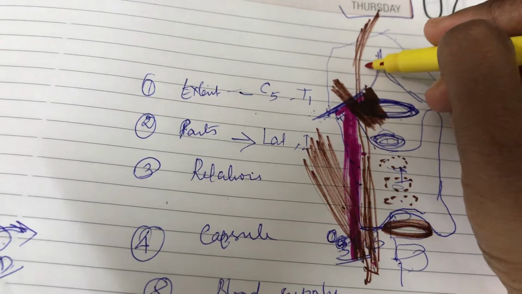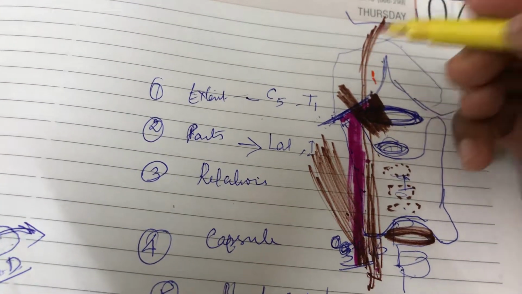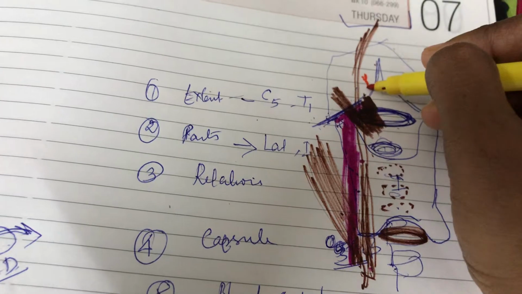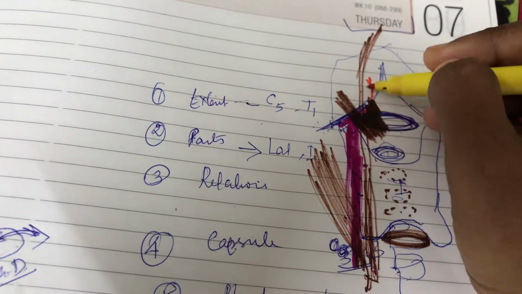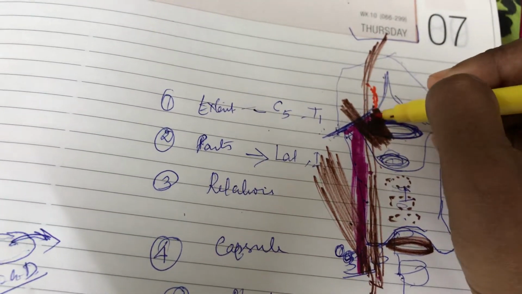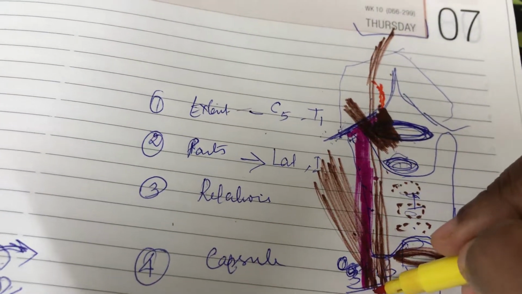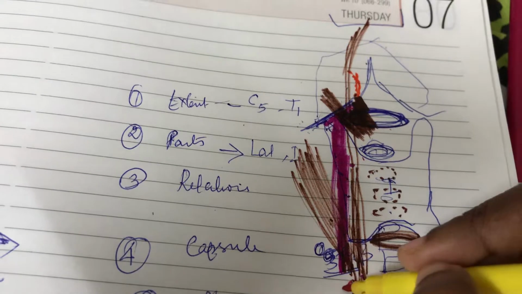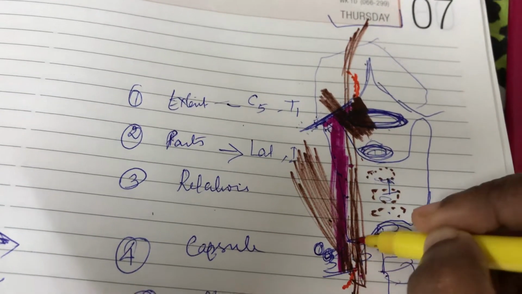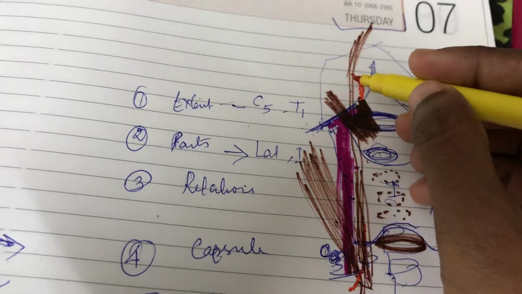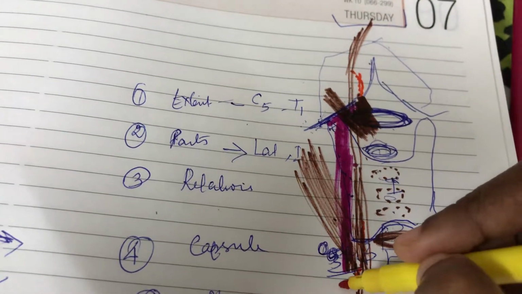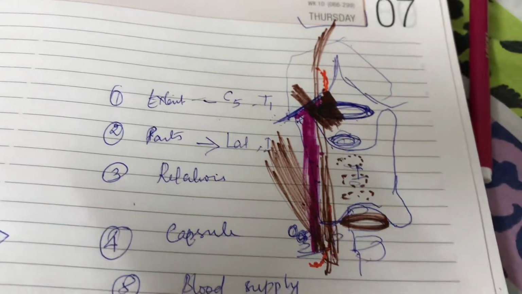So here you have to draw the nerves. First is medial relation only. The external laryngeal nerve supplies the cricothyroid, so that will be coming here. And the recurrent laryngeal nerve will be coming here to the inferior aspect. So here you have to draw the recurrent laryngeal. So both the nerves, external laryngeal and recurrent laryngeal nerves. Recurrent laryngeal is a branch from the vagus.